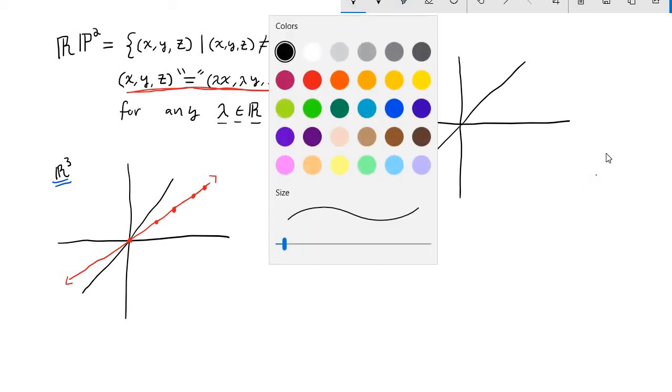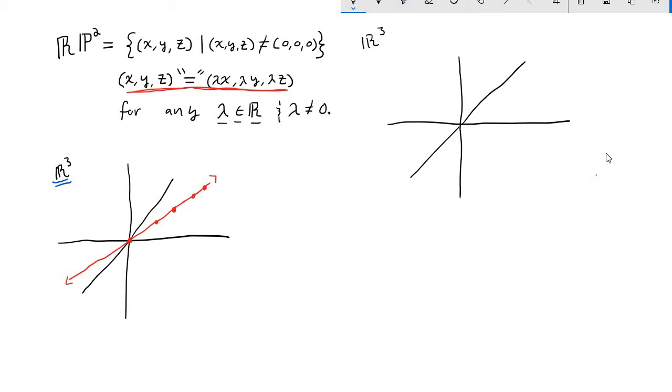If we think about all the points that lie unit distance away from the origin in the xy plane, this is just the unit circle in the xy plane.